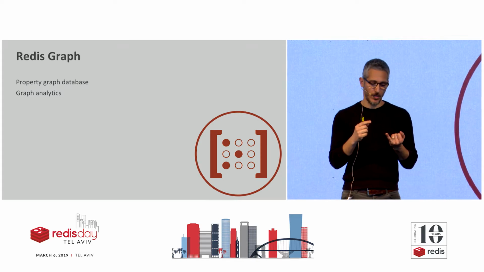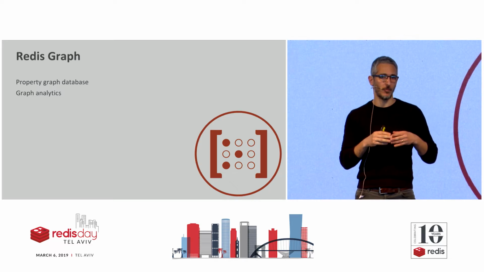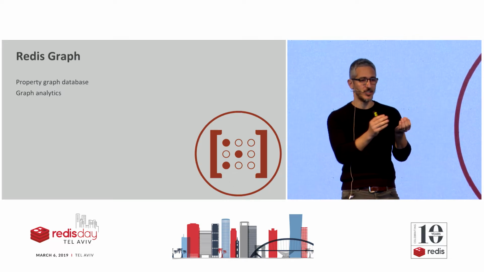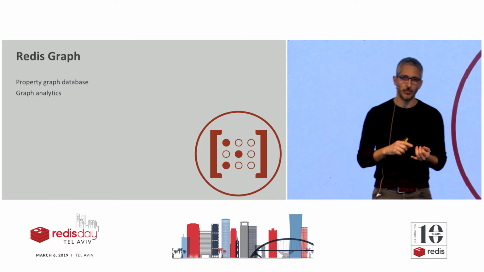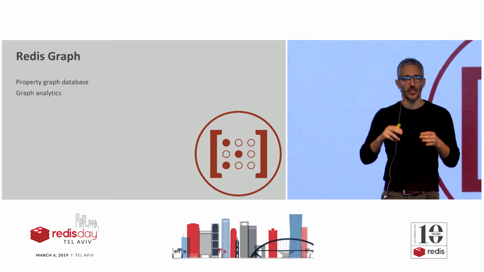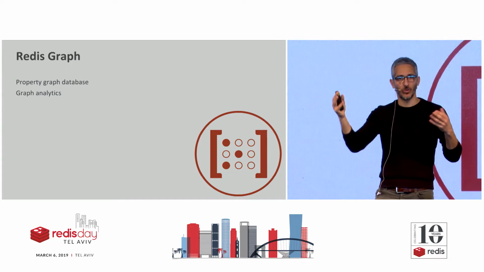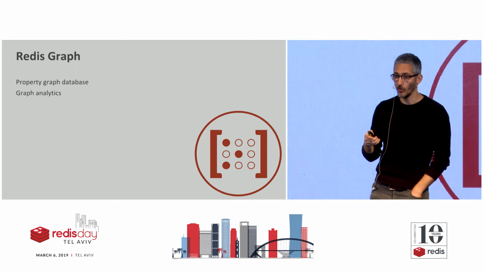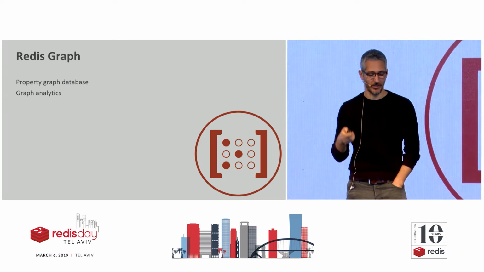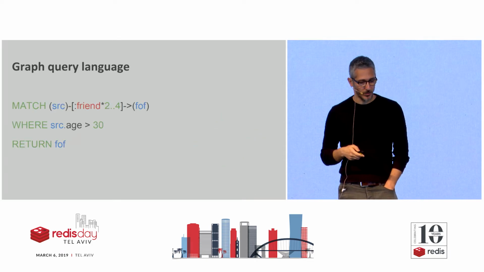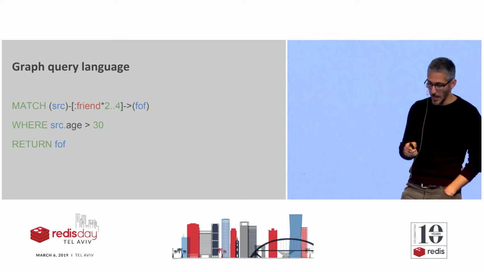Nodes have attributes. So for example, you can have a node representing some person. That person can have a name. That person can have an age. And you have edges to connect different nodes, and those edges can also have attributes or properties attached to them.